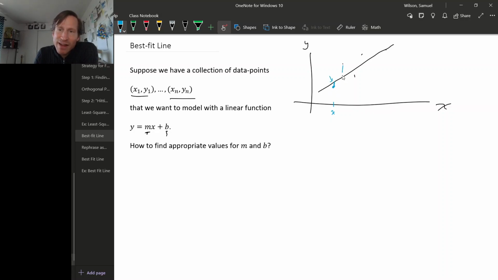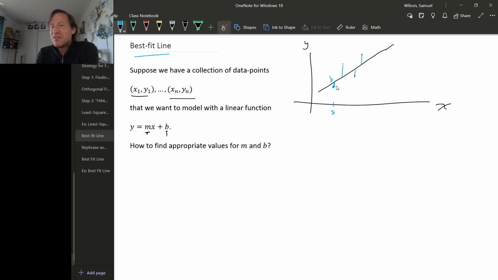We'll get this distance for each one of our data points. Add those distances together. Those distances should be as small as possible. So we will know we have the best fit line when this sum of distances is minimal.